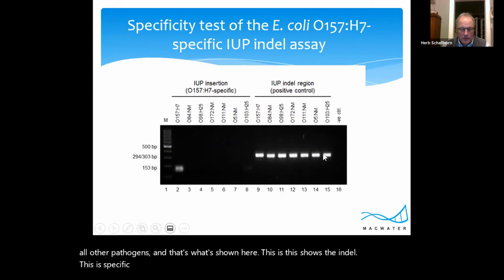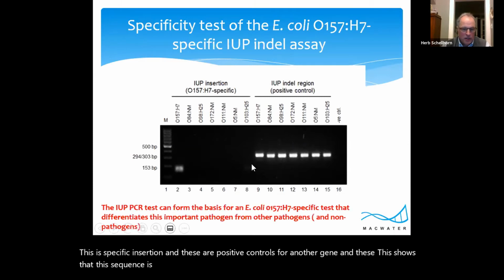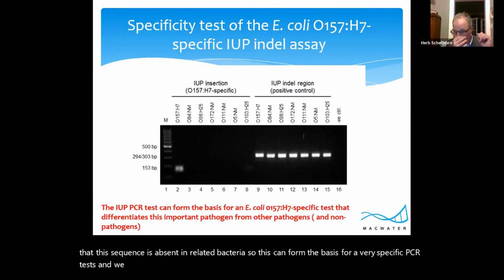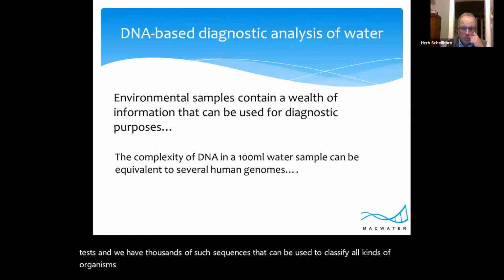These are positive controls for another gene, and this shows that this sequence is absent in related bacteria. So this can form the basis for a very specific PCR test. We have thousands of such sequences that can be used to classify all kinds of organisms, but this was one of the few proof of principle studies that we did in the last few years.